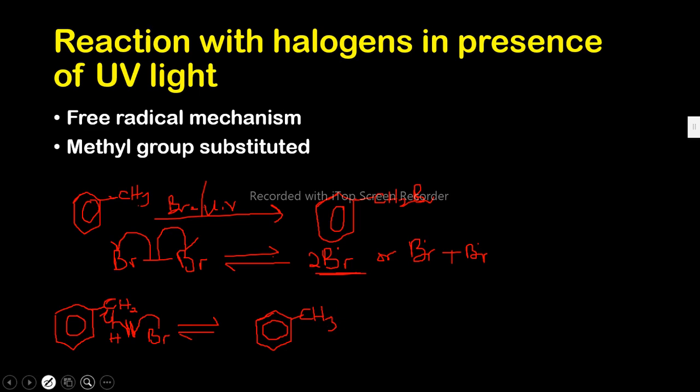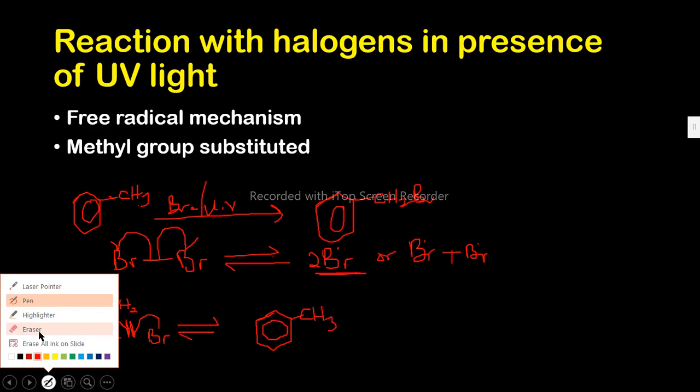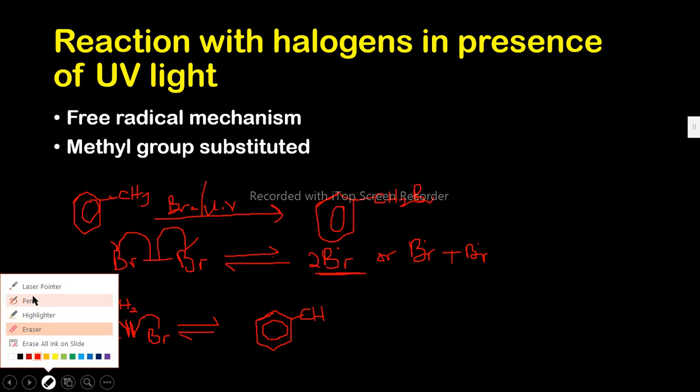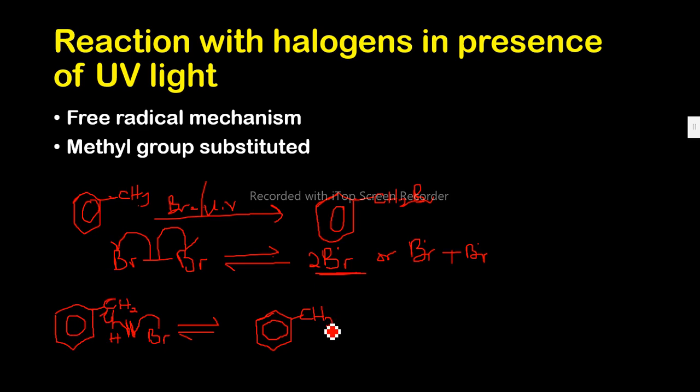There is a 2. Let's erase this. So phenyl methyl radical, and a neutral molecule of hydrogen bromide. So all of you had this step, which was brilliant.